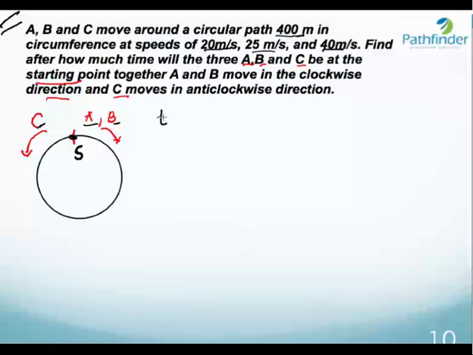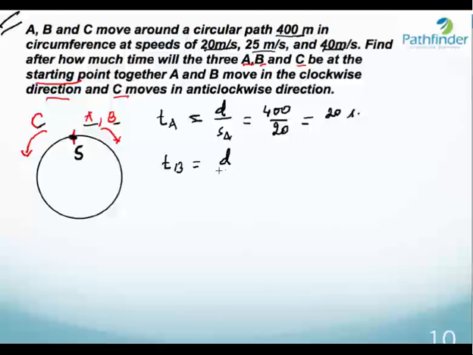And to do that, we can find the time required by A to come back to point S again as the distance divided by speed of A, which is nothing but 400 divided by 20, and that gives us 20 seconds. Next we have the time taken to travel the circumference by B. This is equal to distance upon speed of B, which is nothing but 400 divided by 25, and that gives us 16 seconds.